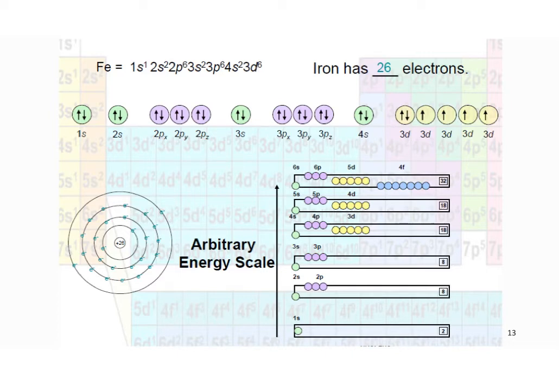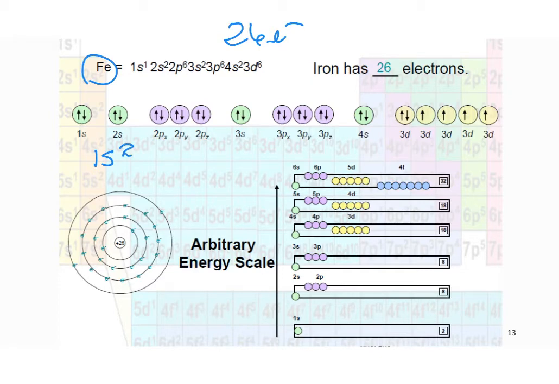So I want to do ones that are a little bit trickier. What if I asked you to write an electron configuration for iron? You find that it's one of the transition metals, and it has 26 electrons. You would start, and you keep track of the count of the exponents, because you have to know how many electrons you've placed.